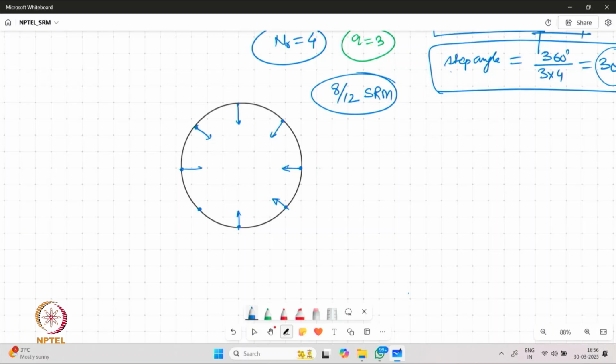The stator projections are shown like this, arrows going inward, and rotor projections can be taken as arrows going outward.